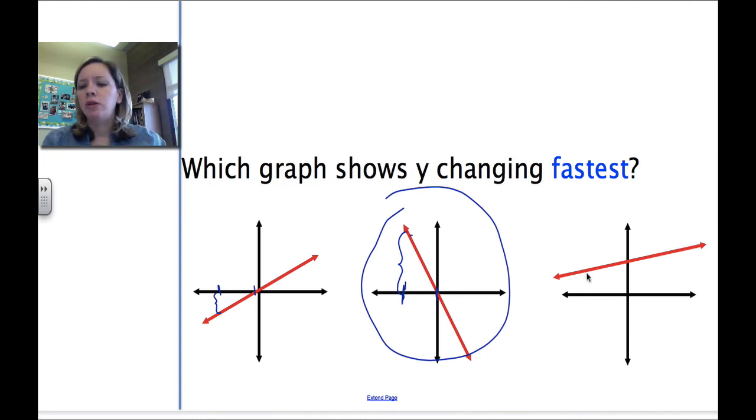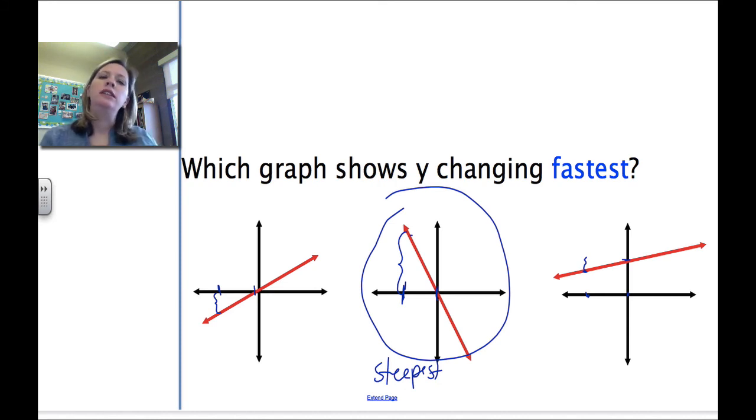And the same thing is true on the last graph. If we look at that same width in the x direction, you can see your y values hardly changed at all in that almost flat graph. So the second graph is really showing us y changing the fastest. You can tell that also because it's the steepest of the three graphs. So it has the biggest slope.